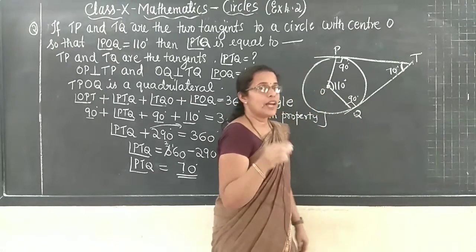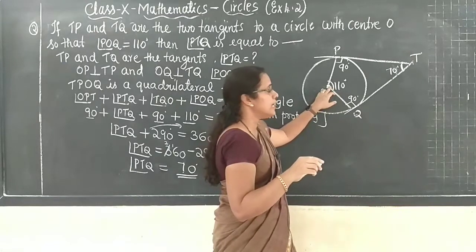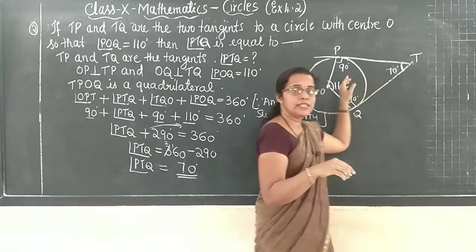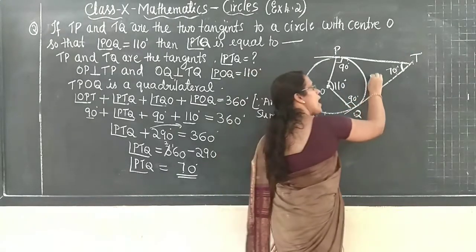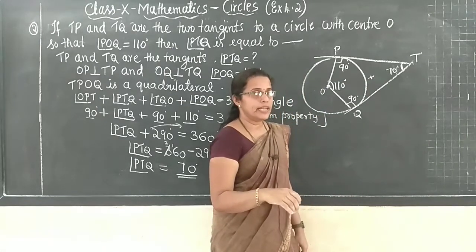Is it okay? Now through this one thing you can understand, children. The angle at the center and the angle inclined at the tangents make an angle of 180 degree. Sum of these two angles is how much degree? 180 degree. They are supplementary.